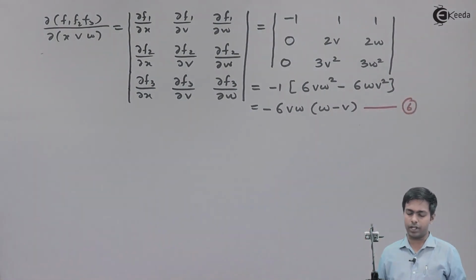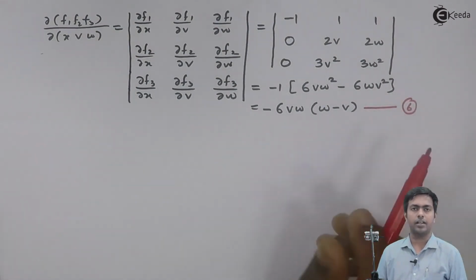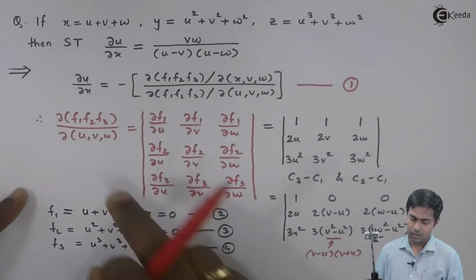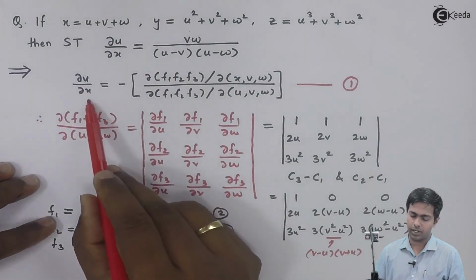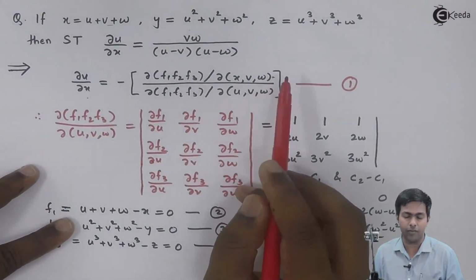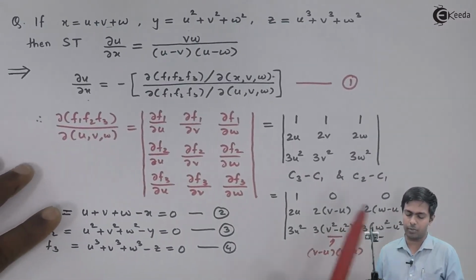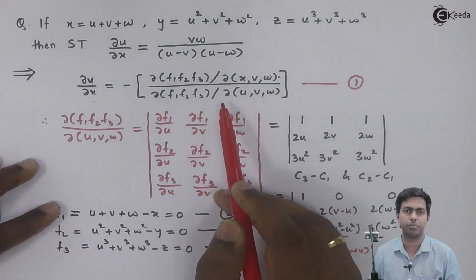Now let's substitute equations number 5 and 6 in equation number 1, that is our question. So this was the question, that is to find the value of dou u by dou x. Here in the numerator I will substitute the value of equation number 6, and in the denominator I will substitute the value of equation number 5.